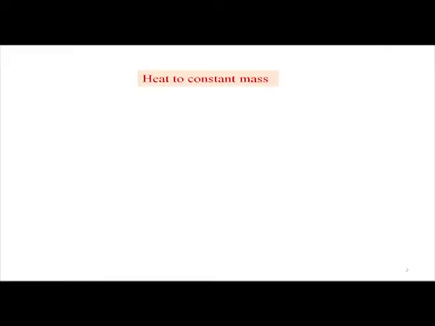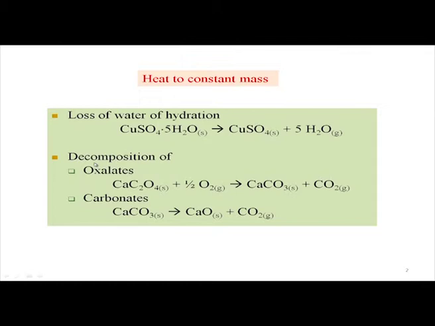So, what we find here is that if we simply talk in terms of the loss of water of hydration, we can take a simple sample like copper sulphate pentahydrate. In one of our previous classes, we discussed that the water present is many more.